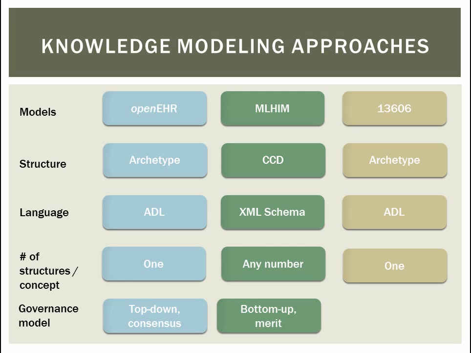In MLHIM, since you can have any number of CCDs for a given concept, this governance model is bottom-up, so any expert can build his or her own CCDs, and if they are good data models for a given concept or for a given set of concepts in healthcare, they will be more used and reused, and so the best CCDs will flow to the top.